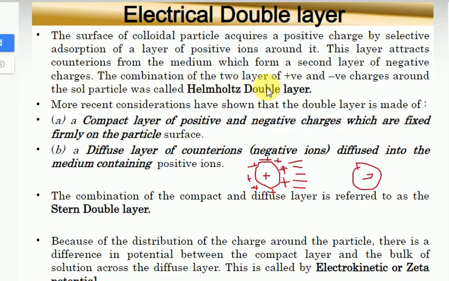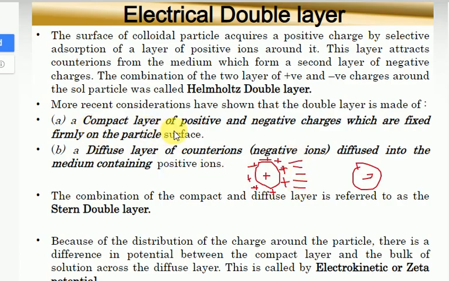The combination of the two layers, the positive and negative charge layers, is called a double layer. More generally, the first is called the stationary layer, a non-mobile or static layer. This is called the mobile layer.